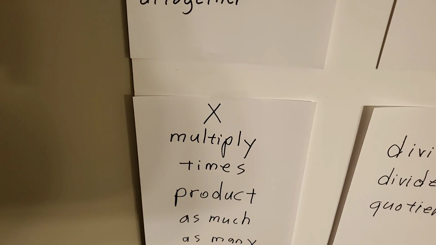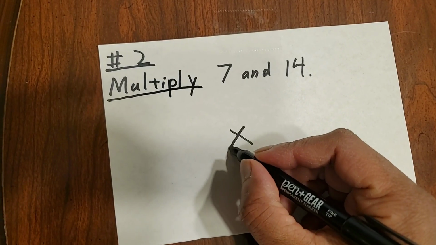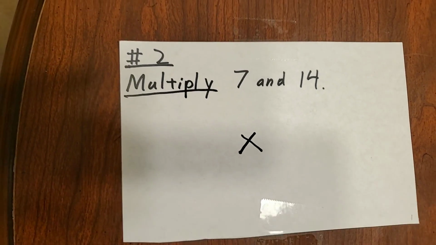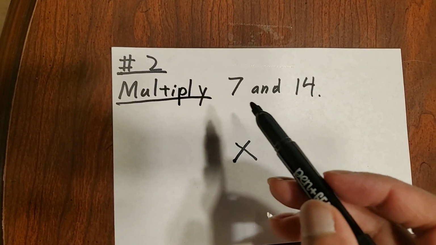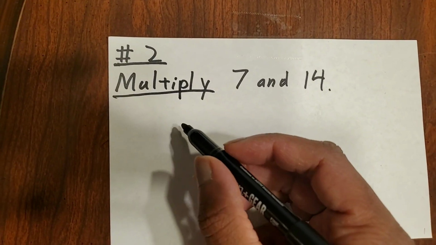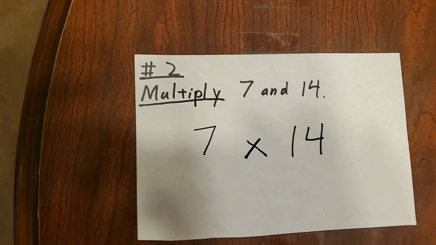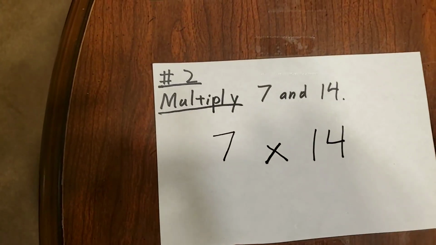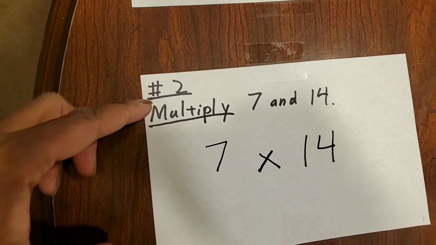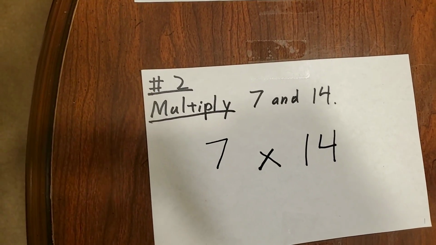When we multiply, what sign are we going to use? We are going to use the multiplication sign. What two numbers are we multiplying? 7 and 14. So there we go, 7 times 14. So we can say multiply 7 and 14 is the same as 7 times 14.